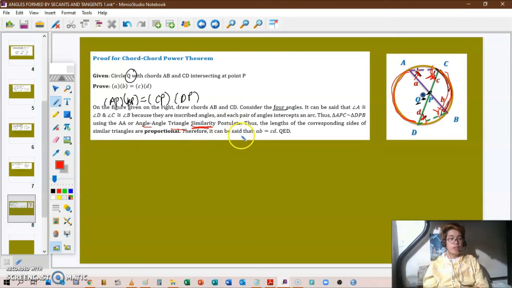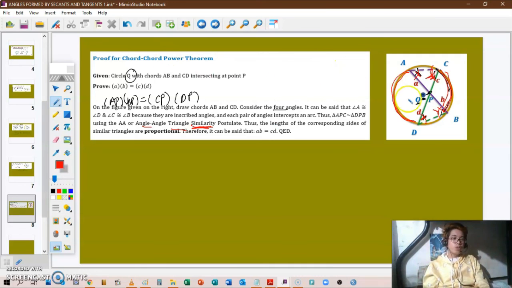So this is just similarity. Thus, the lengths of the corresponding sides of similar triangles are proportional to each other. As we mentioned in our previous lessons about similarity, when two triangles are similar, the lengths of their corresponding sides are proportional.